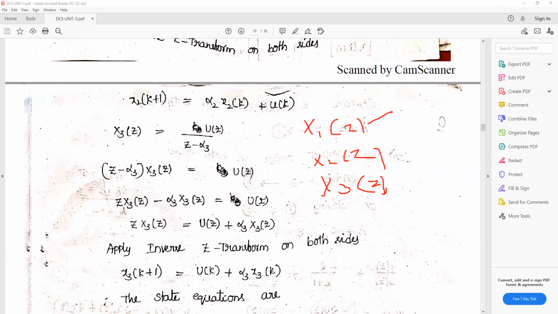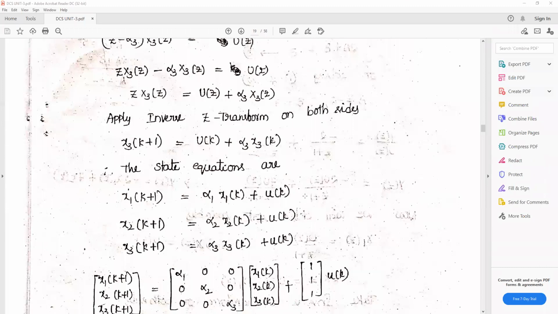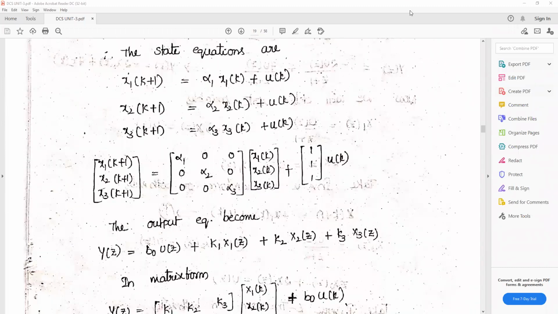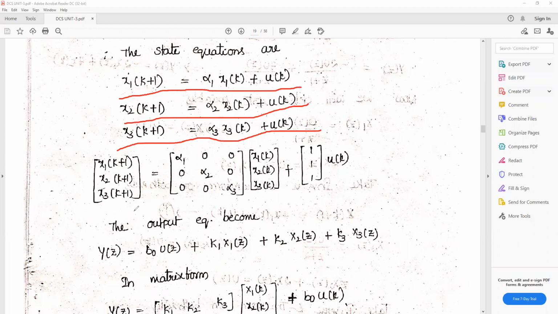So the three z forms will be converted into the state equations. So there are three state equations. X1 of k plus 1 is equal to alpha 1 x1 of k plus u of k. X2 of k plus 1 is equal to alpha 2 x2 of k plus u of k. X3 of k plus 1 is equal to alpha 3 x3 of k plus u of k.